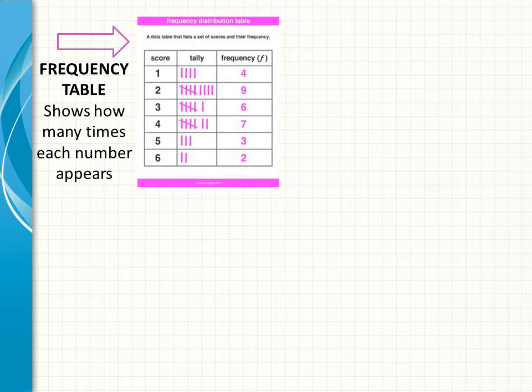So basically what a frequency table does is it shows you how many times a particular piece of information occurs. 5 occurs 3 times. That means 3 people scored 5. 2 people scored 6. So it's easy for you to know the frequency here.